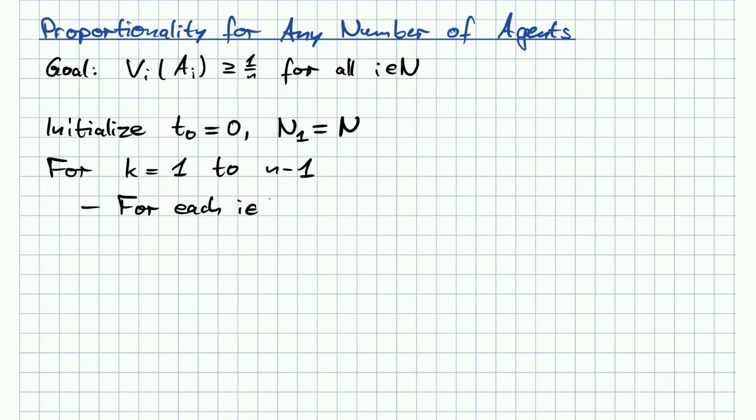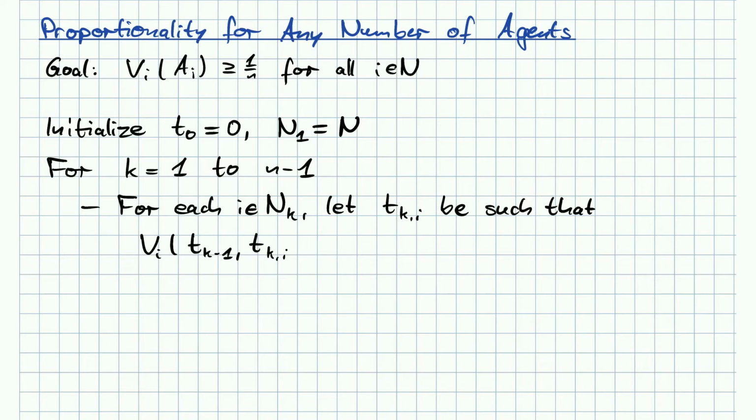For every agent i that is in Nk, let tki be the point such that, taken from tk minus 1 to tki, we'll see a value of exactly 1 over n.